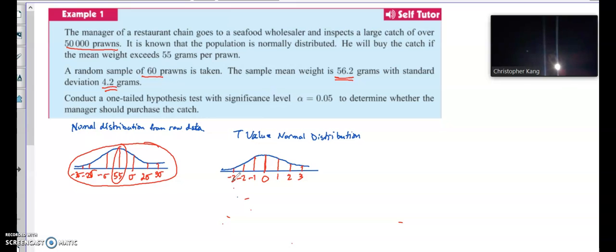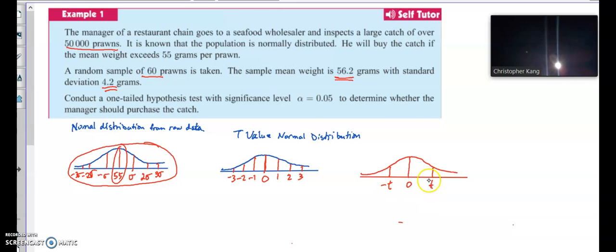So, now, the next thing we want to look at is, when should we accept the null hypothesis and when should we accept the alternative hypothesis? Well, here's the general rule of thumb. All right, once we calculate our t-value, and again, you won't have to do this by hand, your calculator will do this.